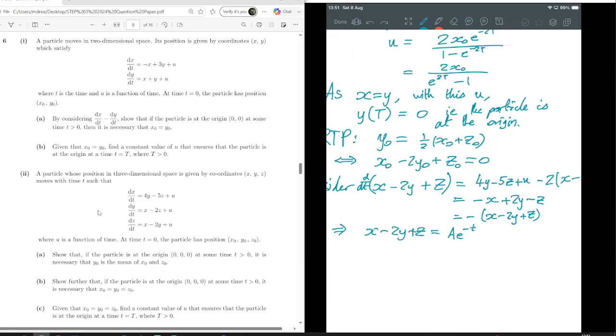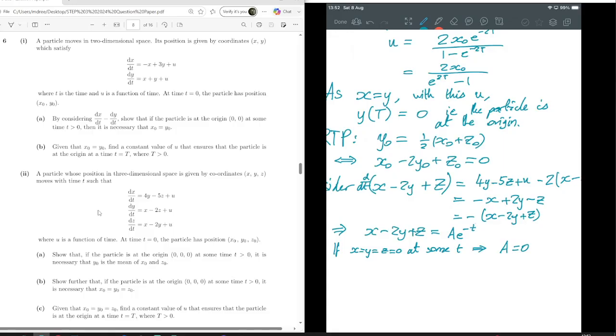And then we've been told, show that if the particle is at the origin for some value of t greater than 0. So if x equals y equals z equals 0 at some t, that's going to mean that this a has to be 0. The left-hand side is 0.